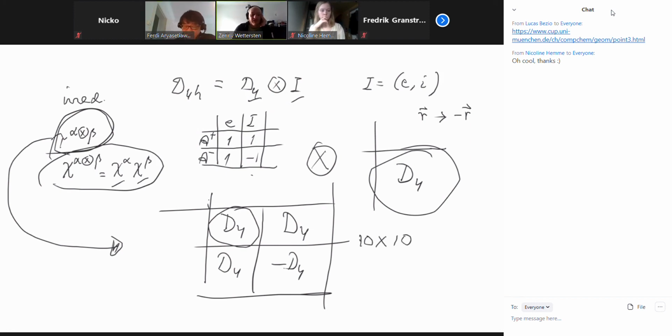I'm thinking about this inversion element. This is just the element which we invert in the direct product. So it essentially takes, for example, C3 to C1.